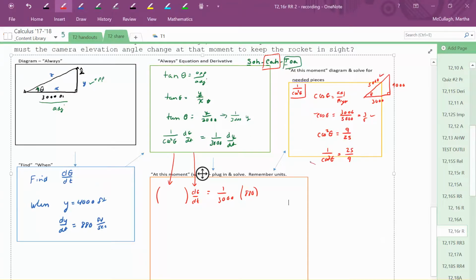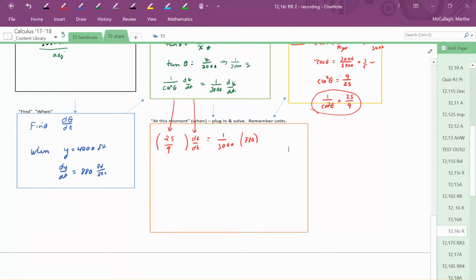So my 1 over cosine squared theta is 25 over 9. Now, in order to get this d theta dt by itself, I'm going to multiply each side by that reciprocal, 9 over 25, and that gives me d theta dt equals, on the top I've got an 880, and I've got a 9. On the bottom I've got 3,000, and I've got 25.